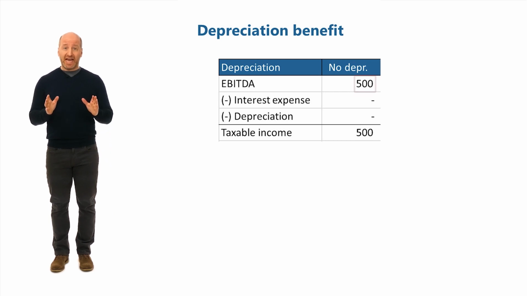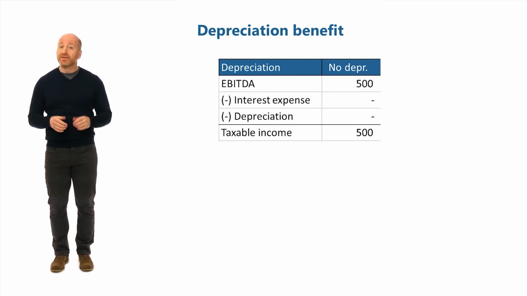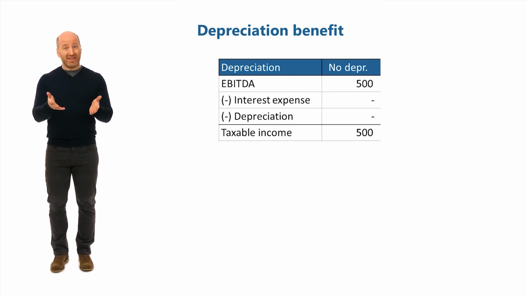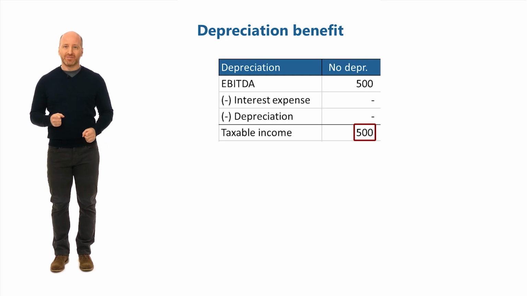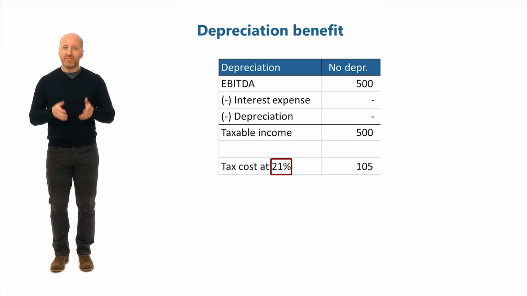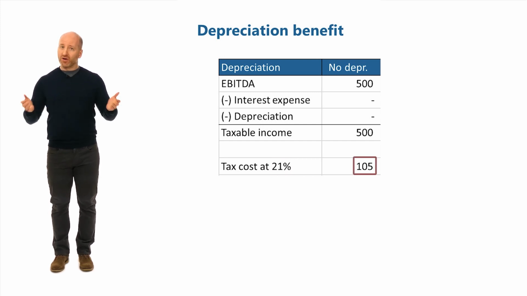Assuming there's no debt, so there's no interest expense, and no depreciation, our taxable income, which you might think of as the earnings before tax, or EBT, is just our EBITDA, which is $500, and we pay tax at the current tax rate. So with a federal corporate income tax rate of 21%, the tax would be 21% times 500 of income, or $105.